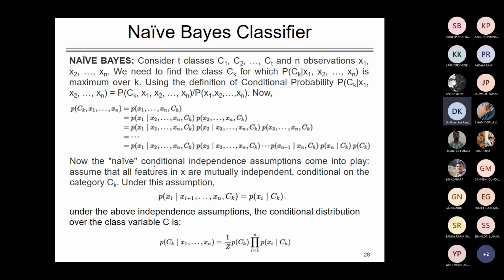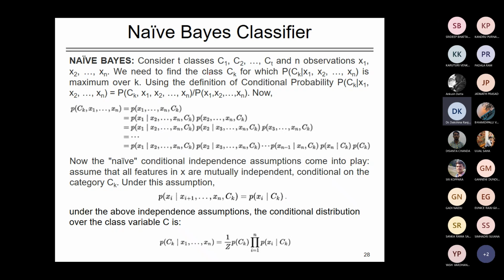Now how do we consider conditionally independent features? As we have assumed that the features or input variables are conditionally independent, we can elaborate on that. Let us consider there are t number of classes C1 to Ct, and n observations x1 to xn.